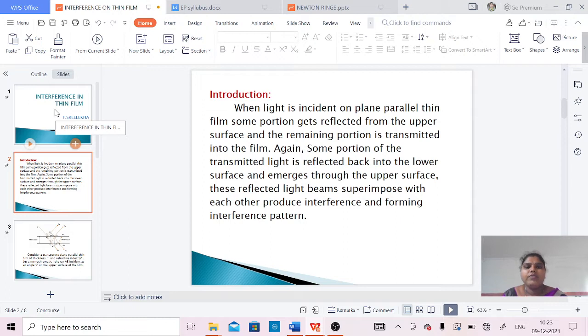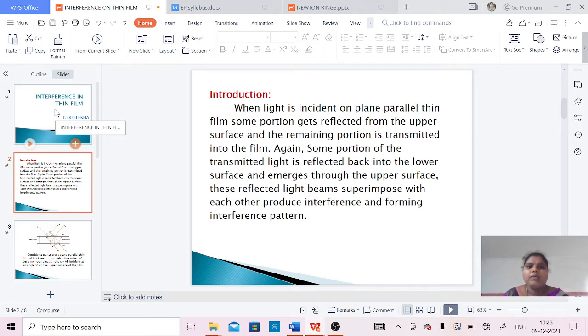So for a thin film, let us take some water and pour one drop of oil, whether kerosene or any oil. There is a layer between that water and the oil drop. That is known as a thin film.